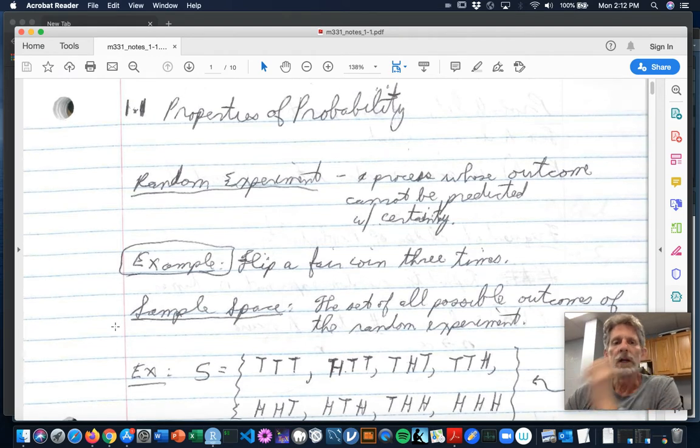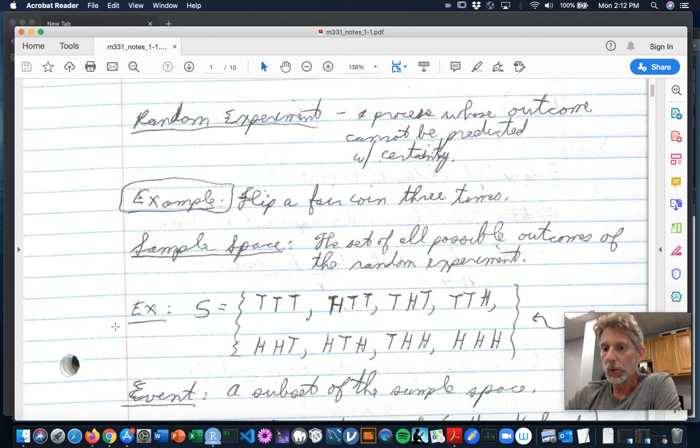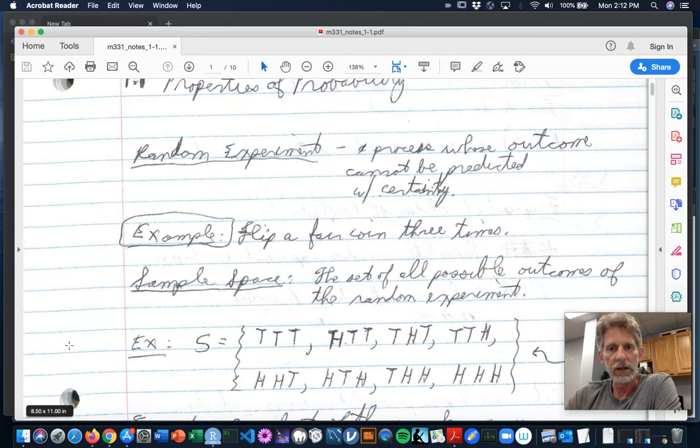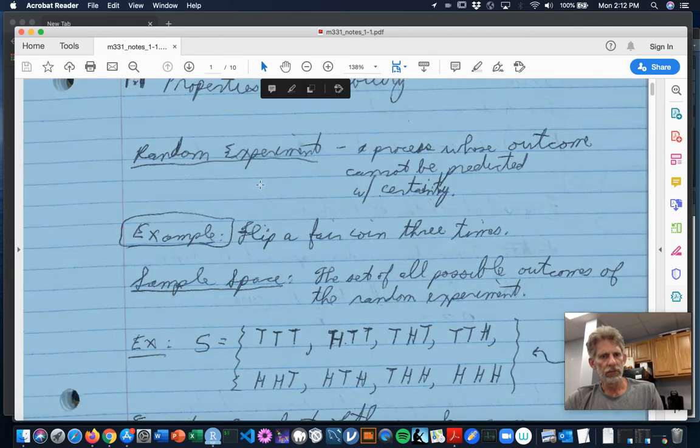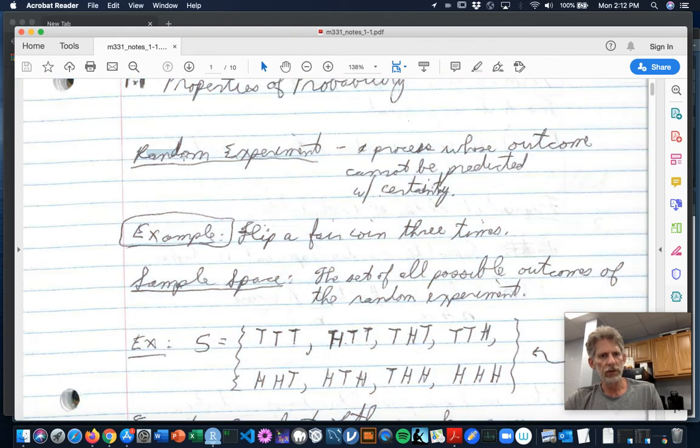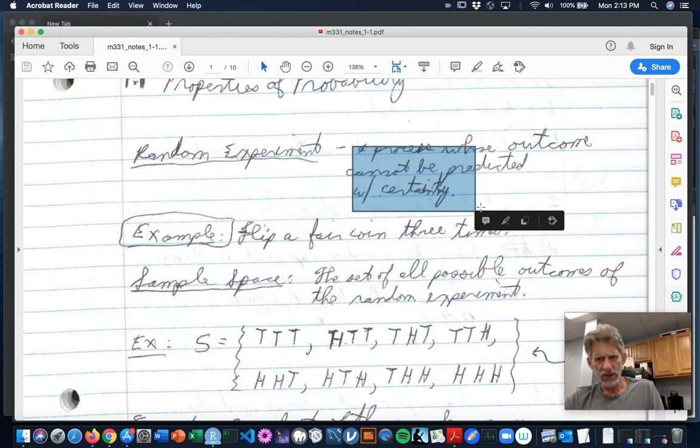So as I looked into it, I saw that there were some important definitions at the beginning. The definition of a random experiment: a process whose outcome cannot be predicted with certainty.